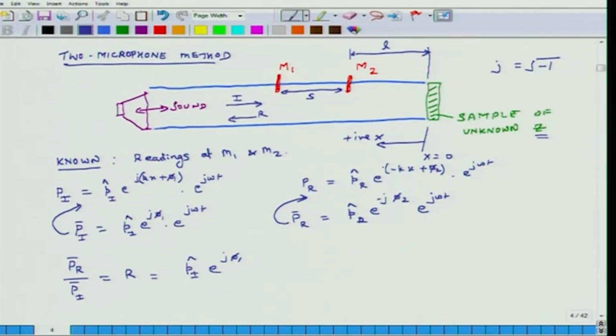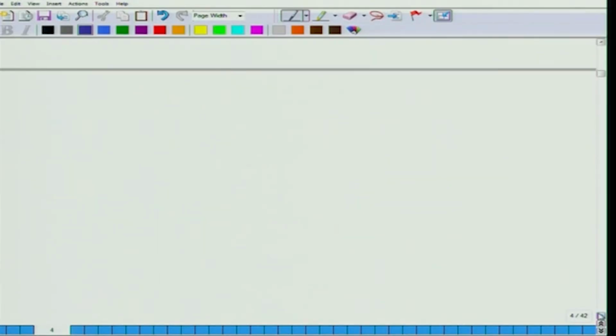And then I have to of course multiply it by j, so this negative sign from here goes away. So this is equal to Pr-hat e^(j phi2) over Pi-hat e^(j phi1). That's my reflection coefficient.